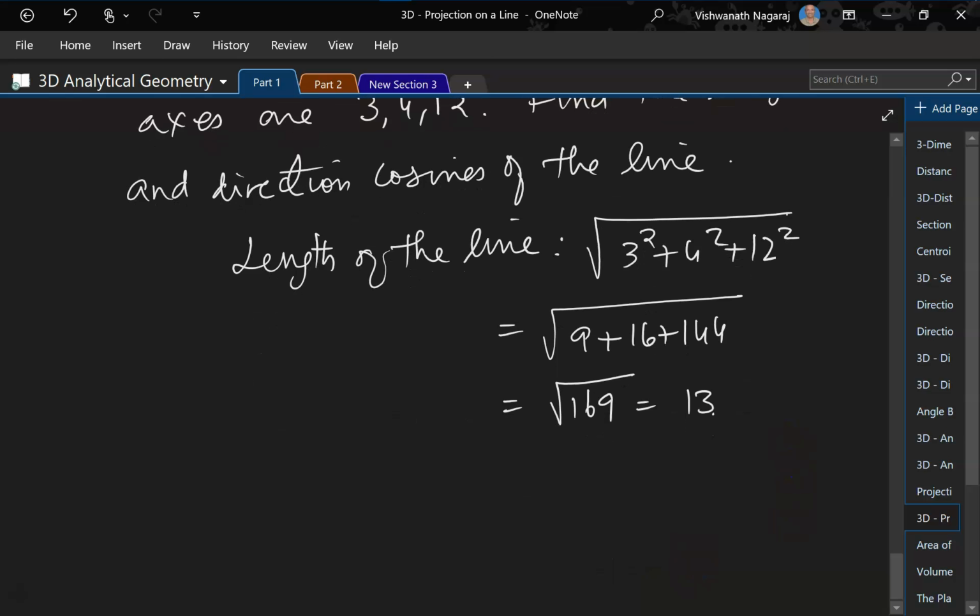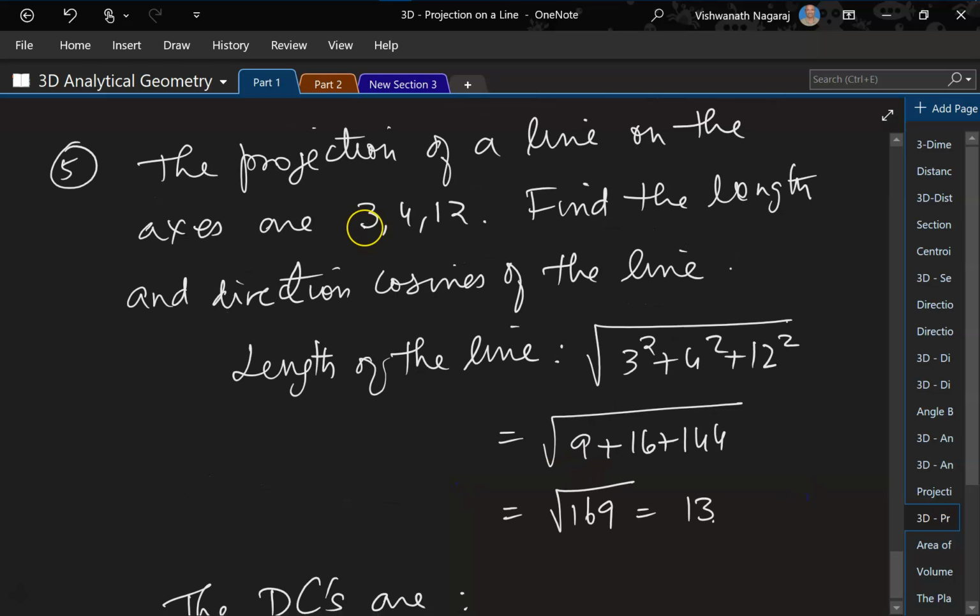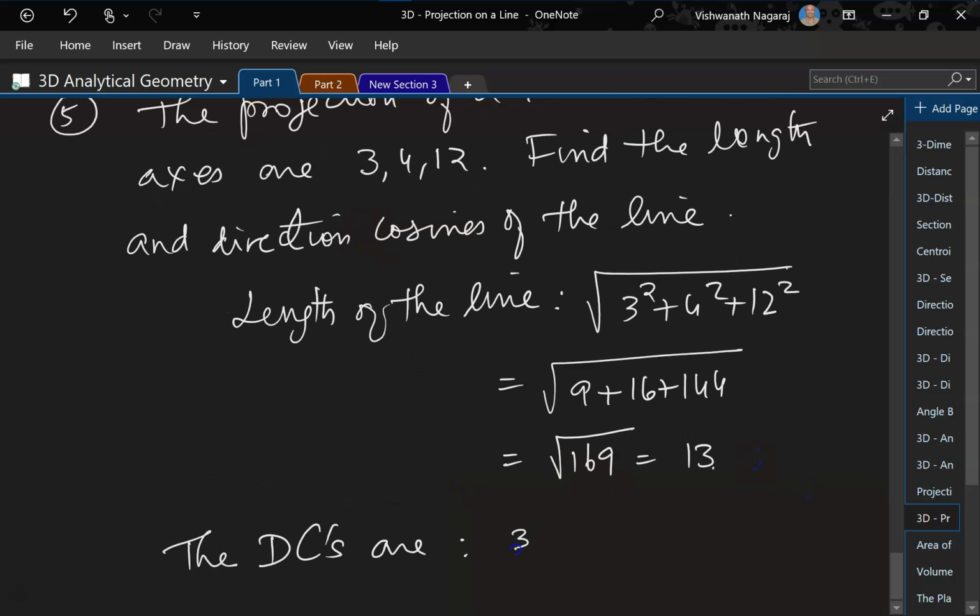So the length of the line is 13. Now the direction cosines are again pretty straightforward: 3 by 13, 4 by 13, 12 by 13.